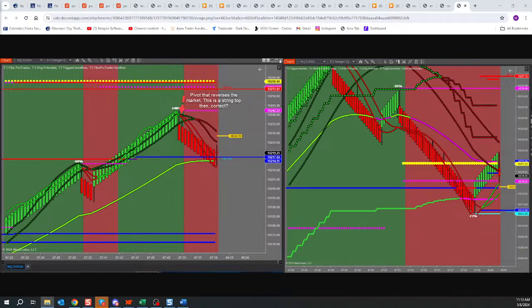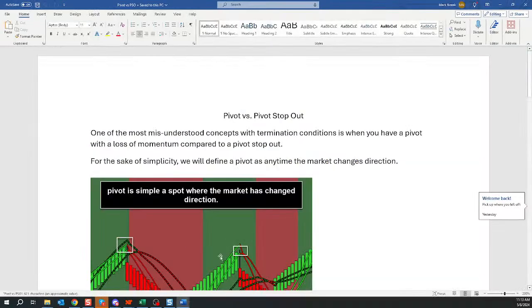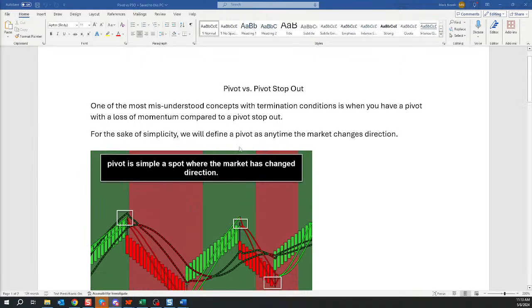So before we get into strong tops and bottoms, I'm gonna hit it in reverse real quick, and we're gonna go for this one. This is the difference between a pivot and a pivot stop out. And Kenny, what you're doing right now is you're making this the best class ever. So thank you for this. One of the most misunderstood concepts with termination conditions is when you have a pivot with a loss of momentum compared to a pivot stop out.